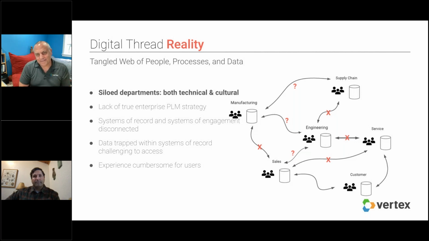The point being though is that all of these groups tend to use different tools to do their job, and then oftentimes they will modify the data itself to be more aligned to how they do their job.